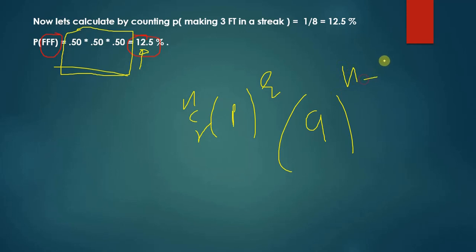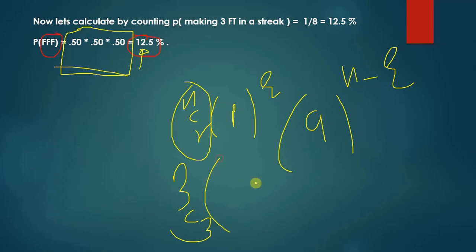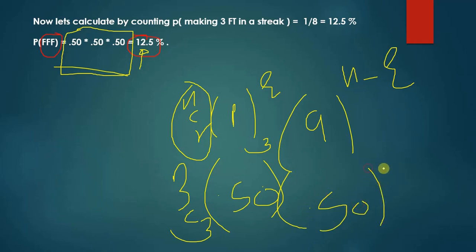Here, in nCr, I want the free throw in all the trials, so 3C3, probability of success 0.50 raised to 3, and q, 0.50 raised to 3 minus 3, that is 0. The same thing is happening.